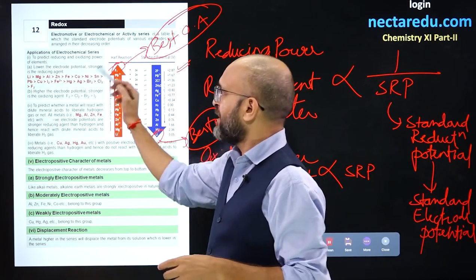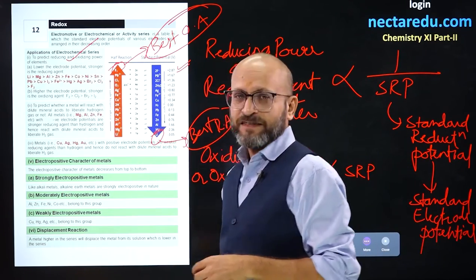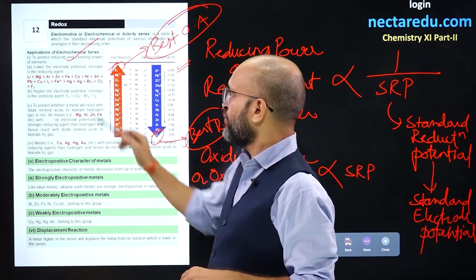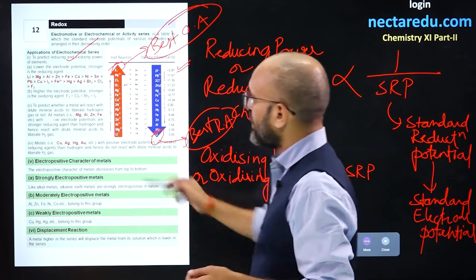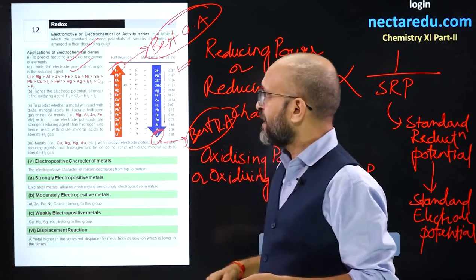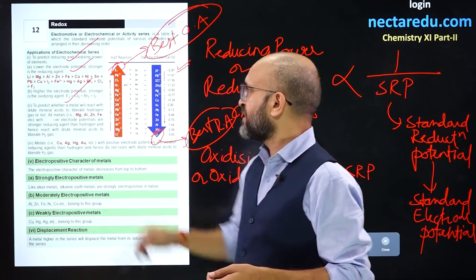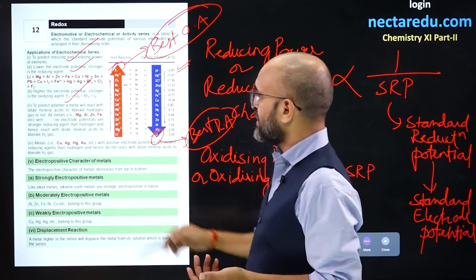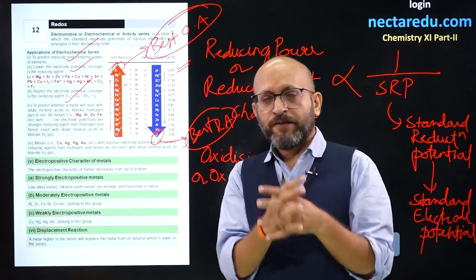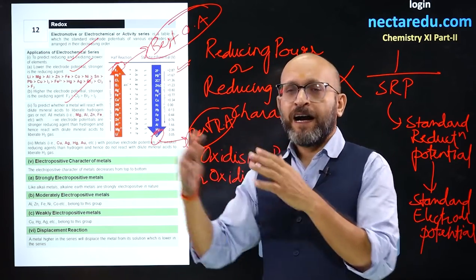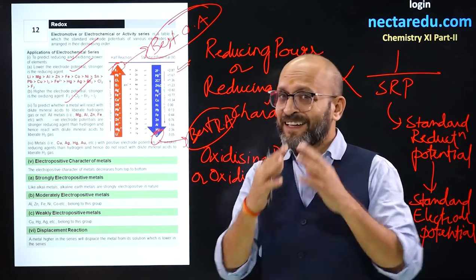Here we have arranged to predict reducing and oxidizing agent character. Lower the electrode potential, better the reducing agent; higher the electrode potential, stronger the oxidizing agent, already explained. Next, you can predict which of the following can remove hydrogen in the form of a gas from a mineral acid.